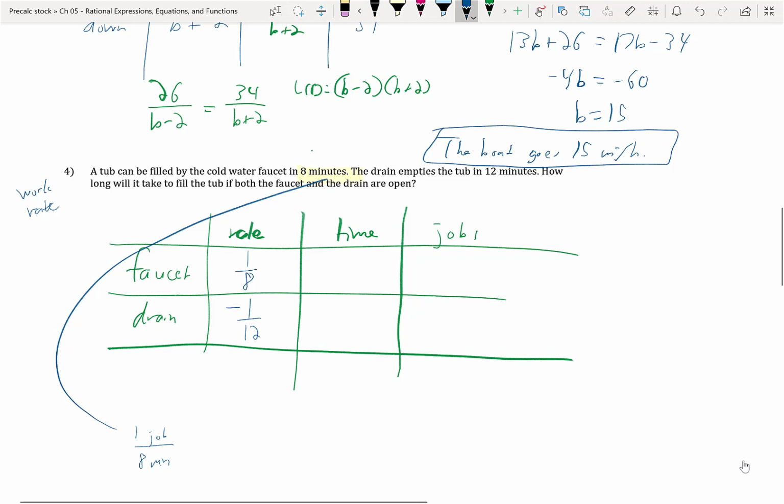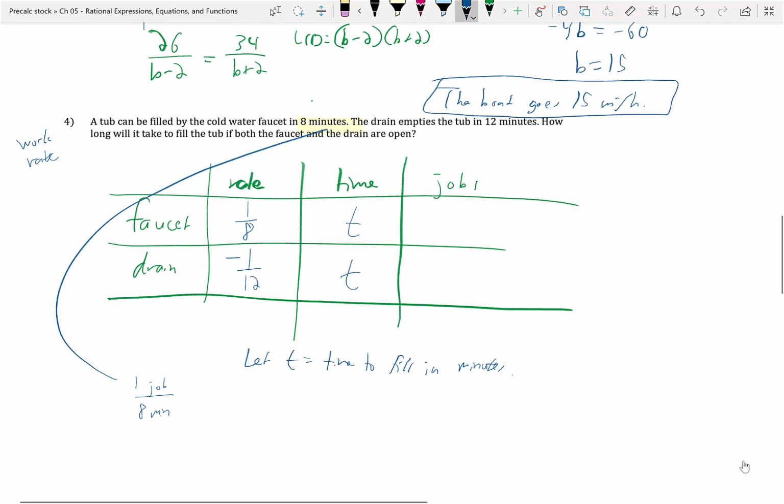Okay, the time we don't know. It says how long it would take to fill the tub if both of them are open. So I'm going to let t equal the time to fill, and I'm going to put in minutes because the units of this problem are in minutes. So I'm going to put a t here and a t here.